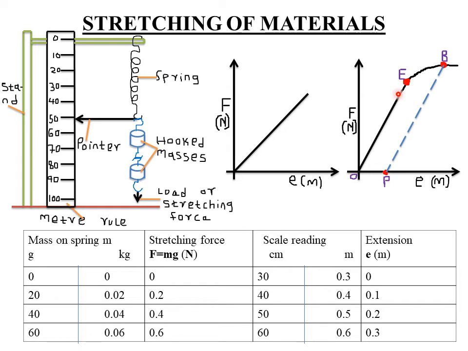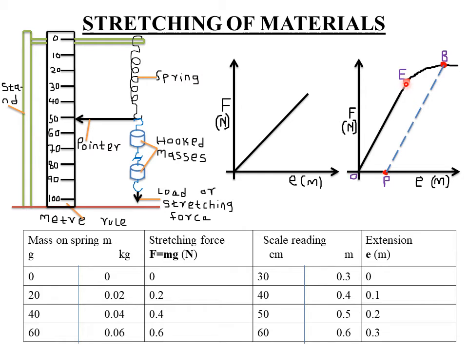However, point E is what we are calling the elastic limit. That is a point beyond which further adding of the forces does not correspond to extension, or a point beyond which the spring undergoes what we call permanent extension or permanent deformation.